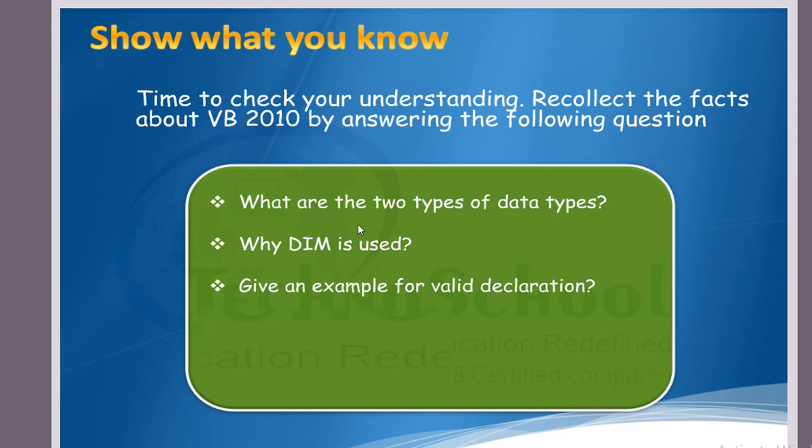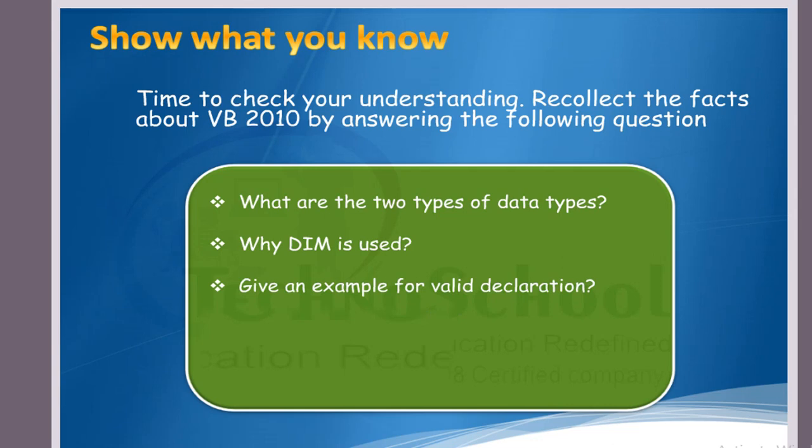And the second one, why is Dim used? You all know what Dim is, right? So what is Dim and why are we using it here? And give an example of a valid declaration. We also learned the rules.